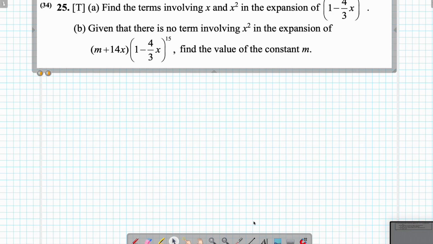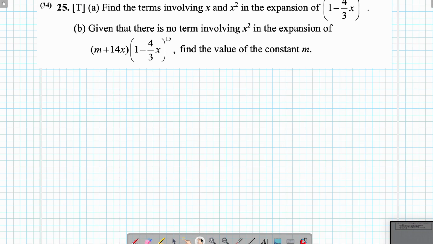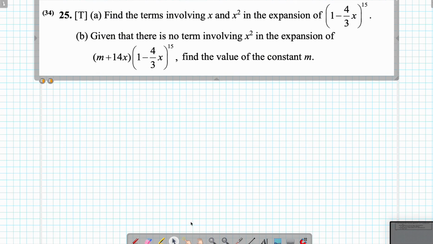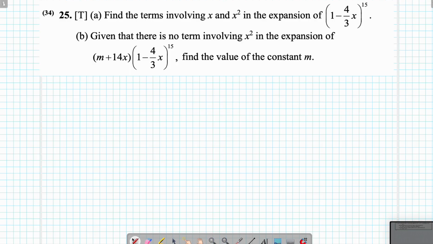Question 25. Find the terms involving x and x squared in the expansion of (1 minus 4 over 3 x) to the 15. Okay, so let's start with, they want only x and x squared, which means when k is 1 and when k is 2.